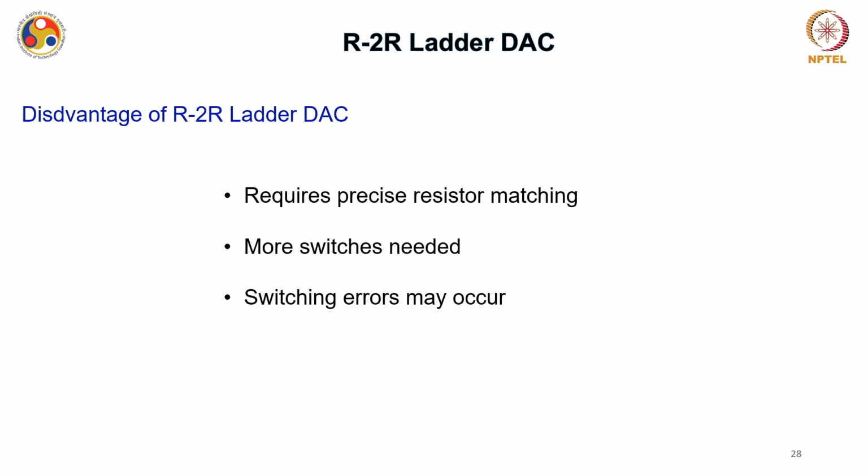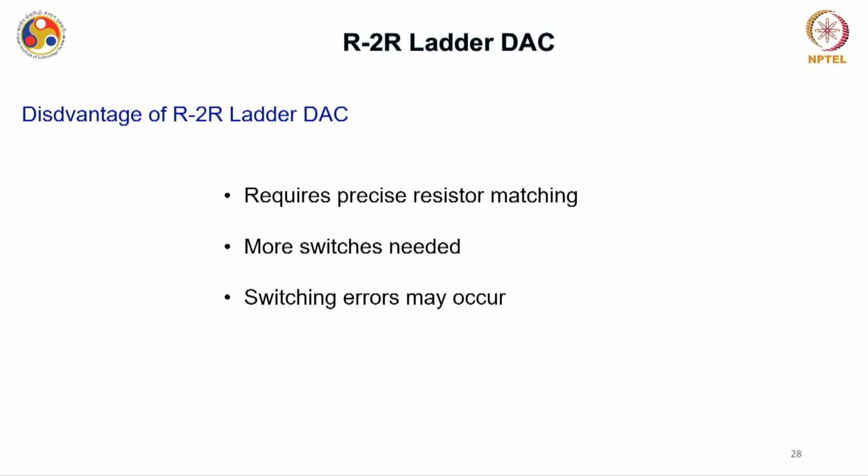However, R-2R ladder based DACs have certain disadvantages also. Although you have only 2 resistors, resistor matching is still important. You have one resistor as R and another exactly 2R, so a certain level of matching is required, and this matching requirement is very precise.